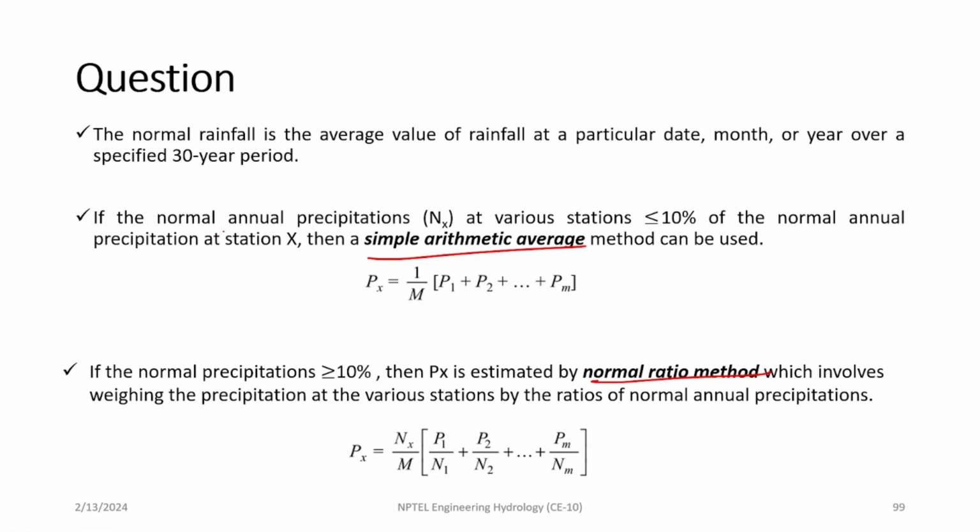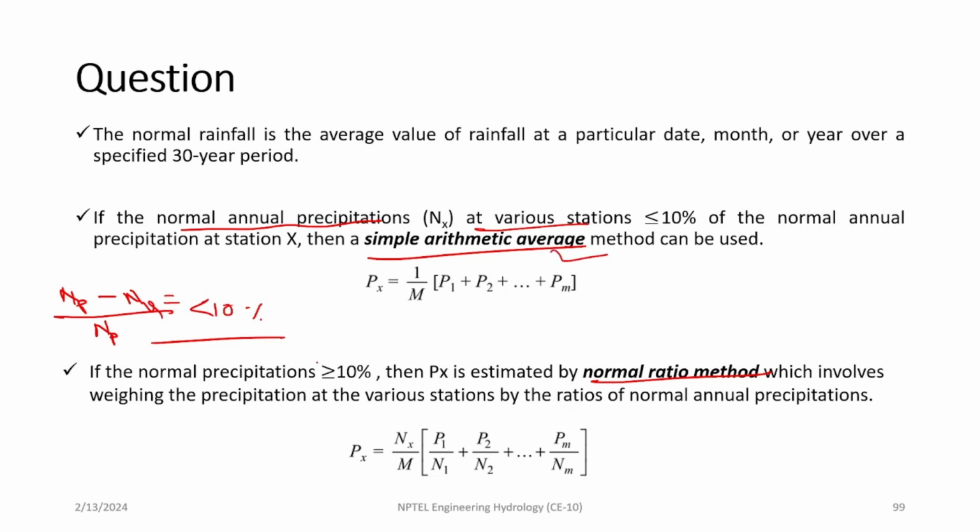You can see that it is mentioned that whenever the normal annual precipitation at various stations varies by less than 10%, if we take NP minus maybe NQ and find the variation with reference to NP, and it comes less than 10%, then we can adopt the simple arithmetic average method.